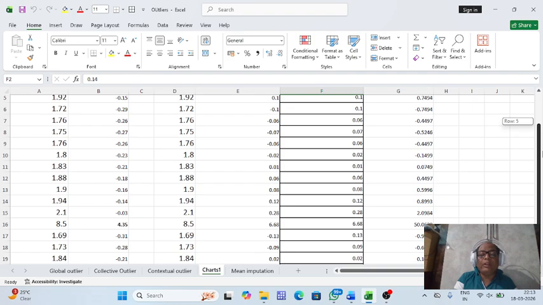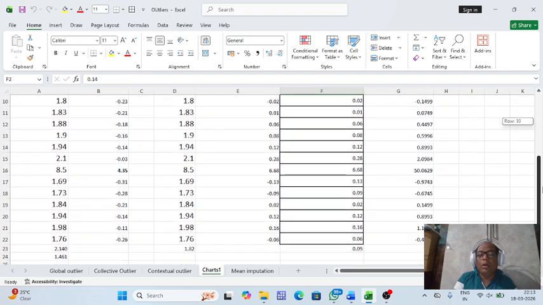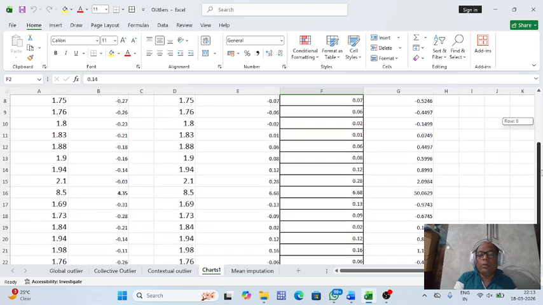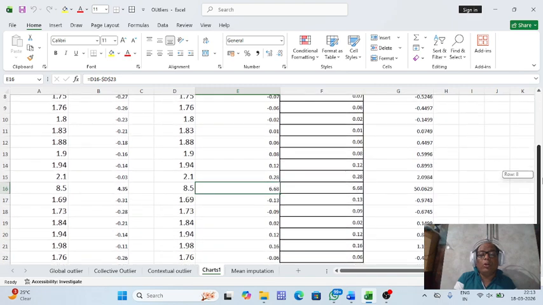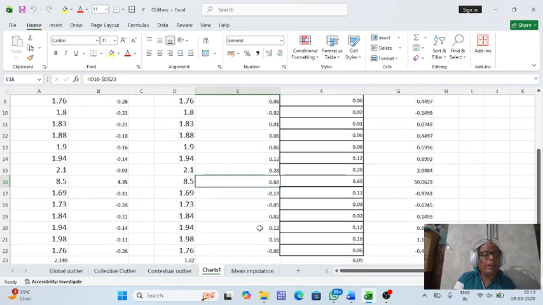And you see that the absolute deviation from the median of roll number 15, whose height is 8.5, is coming 6.68. Now how has it been calculated?